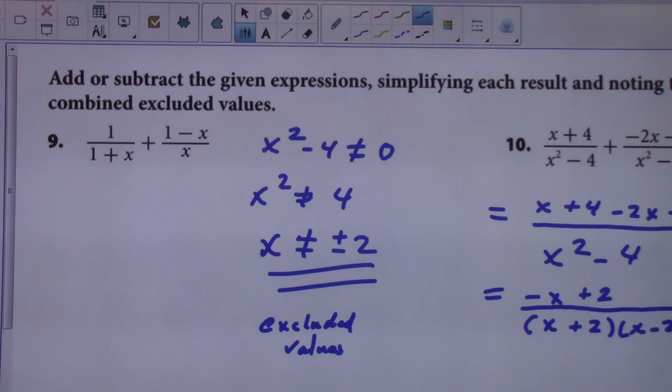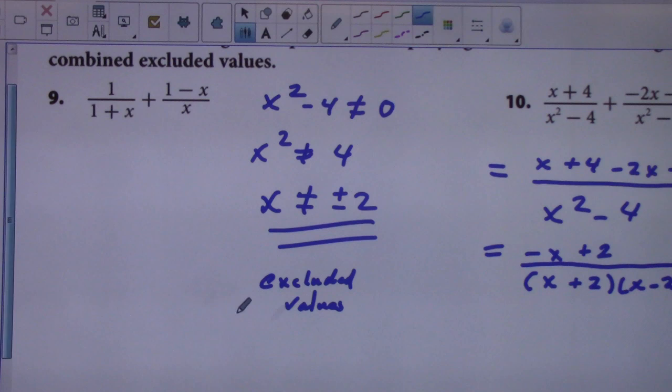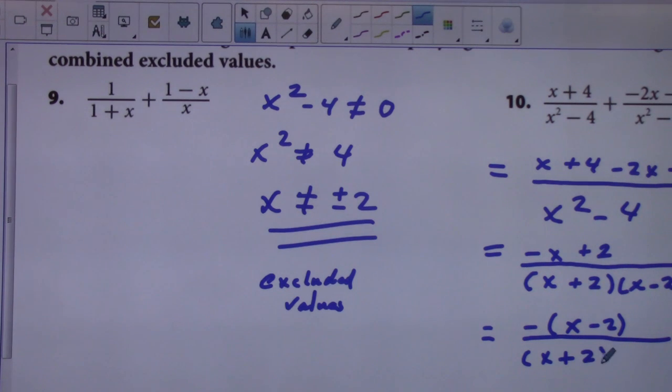Can we cancel out stuff here? Not quite, right? We have to do something else. So let's go ahead and make this negative x minus 2. And now doing that, we have our x plus 2, x minus 2. So what can we cancel out now? X minus 2.